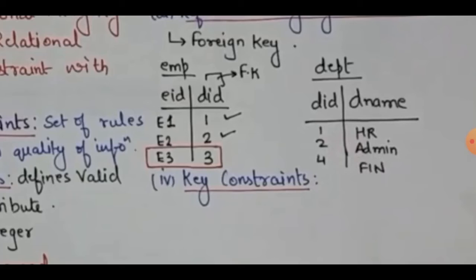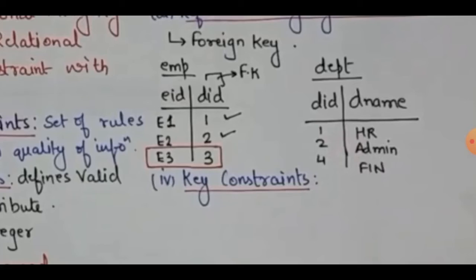The department table has the department ID, which is its primary key, and we are using the data of the department table in the employee table. We are using it with the help of a foreign key.